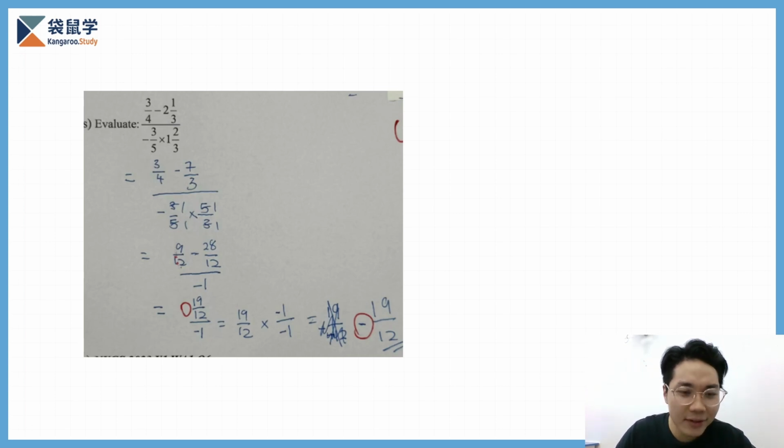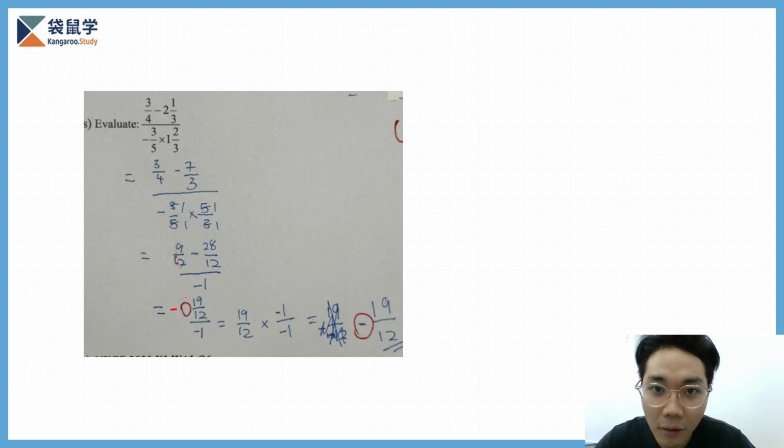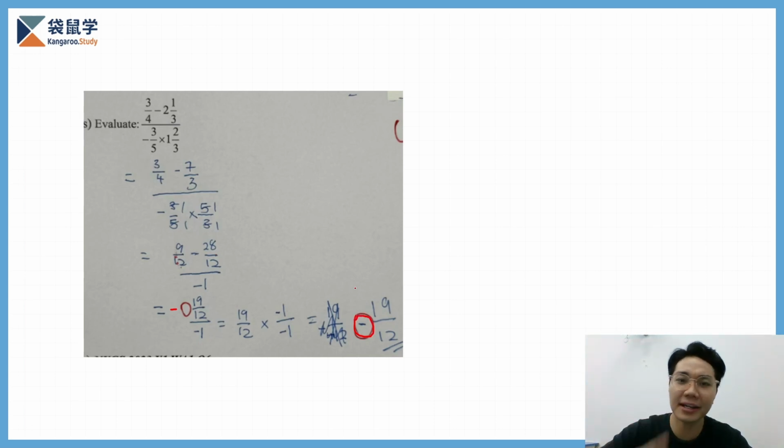In the numerator, it's actually a negative 12 minus 28 over 12. This should be a negative. But in the end, this student has an extra negative sign. Then the whole question is wrong. Let's look at another one.